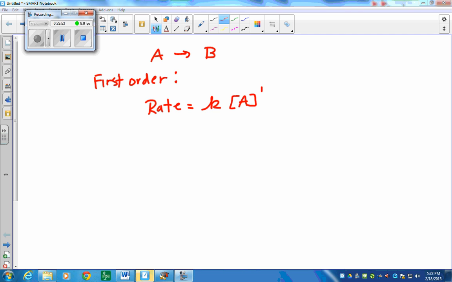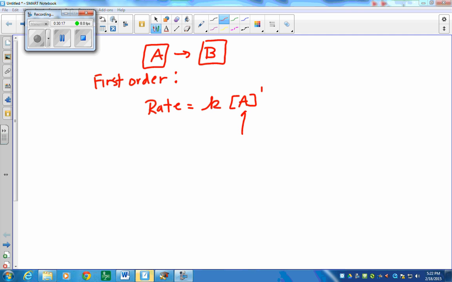Now, earlier in this multiple choice test, I told you that you can monitor the rate of a chemical reaction one of two ways: either how fast A is disappearing, or how fast B is appearing.